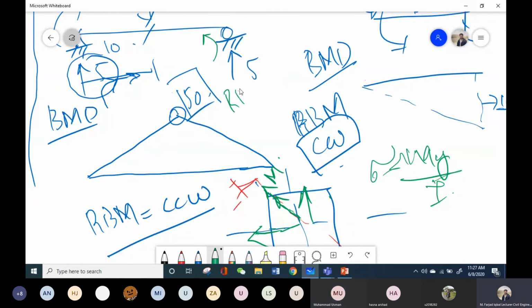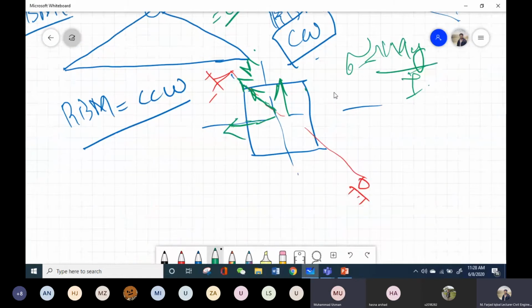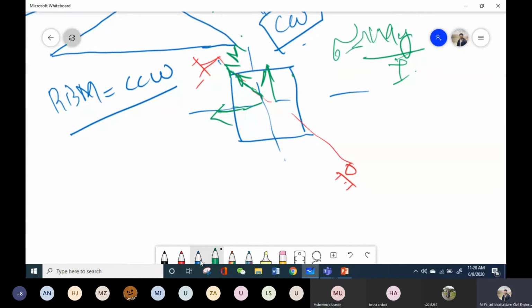So the resistive bending moment is clockwise. And how do you show it in the clockwise direction? Pointing towards the center. Yes. Towards the center. So now my force is on the right side, right? Yes, sir. I have to show the resultant on the right side over here, pointing inwards.